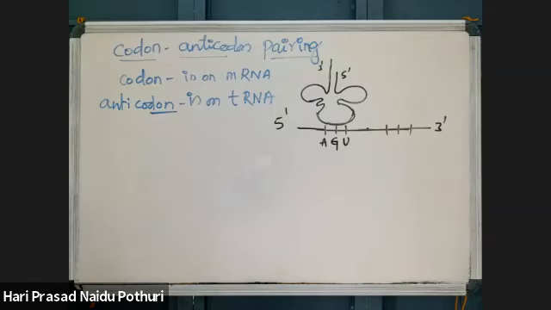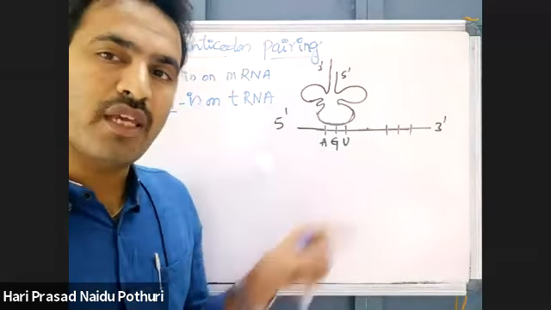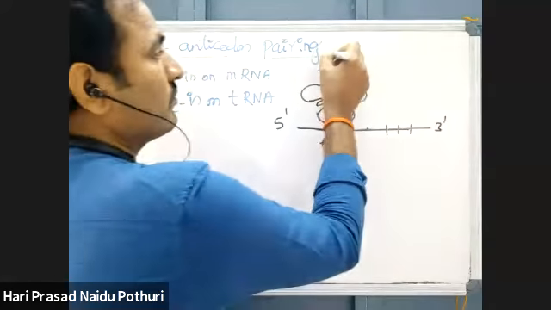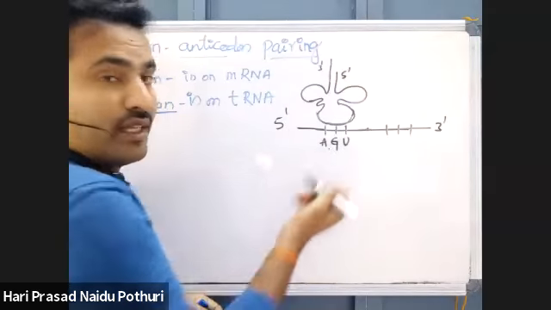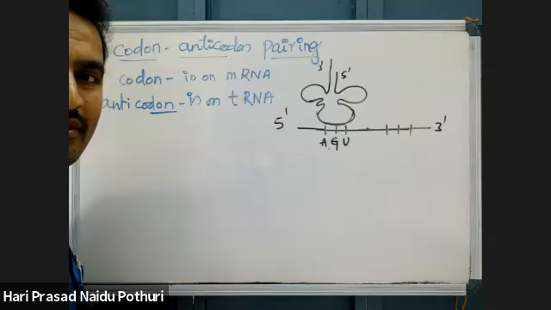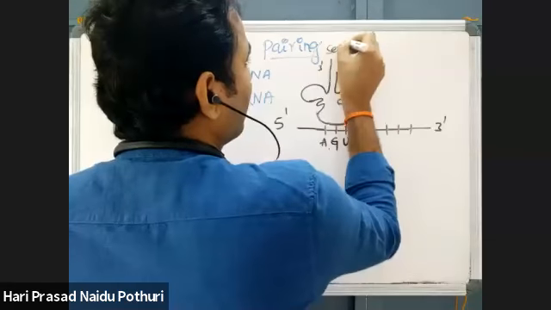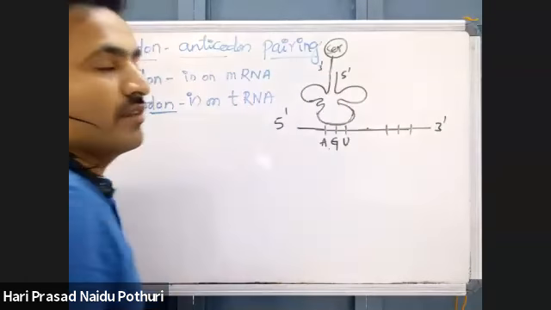What is the amino acid decoded by AGU? Serine amino acid. So here serine will come.